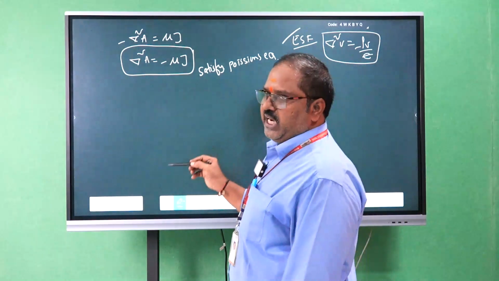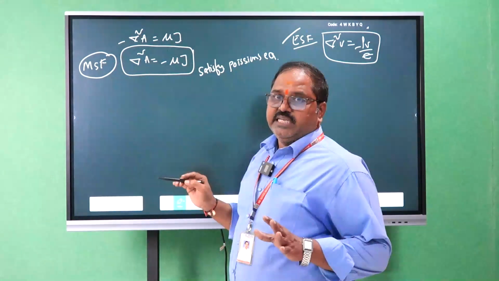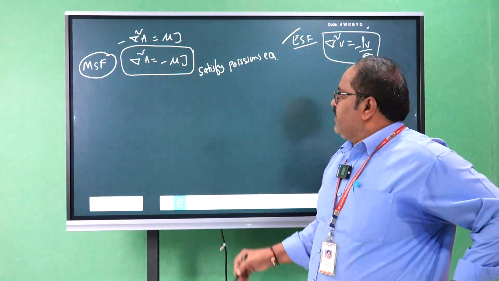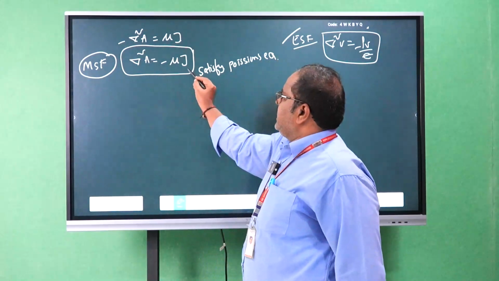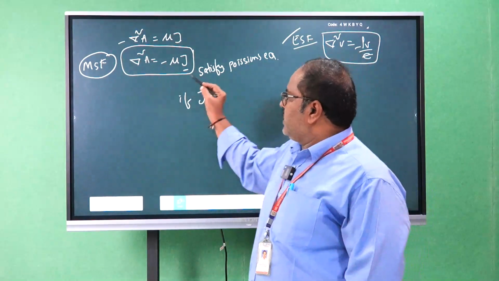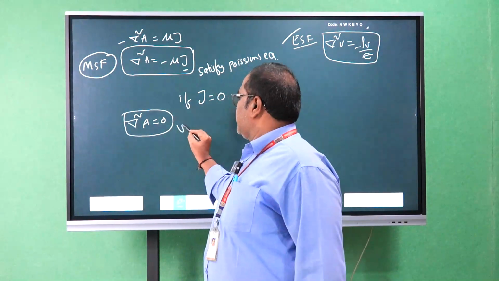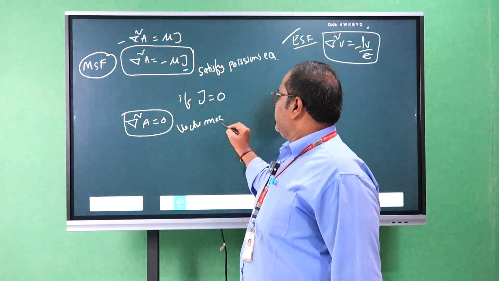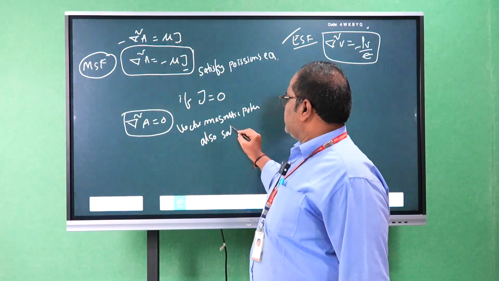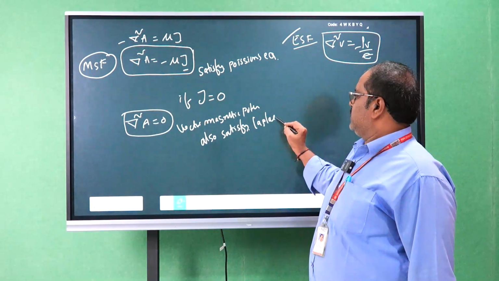But in the magnetostatic field, the vector magnetic potential satisfies Poisson's equation del square A equal to minus mu J. Here J is the current density. If J is equal to 0, the above equation becomes del square A equal to 0. Therefore, the vector magnetic potential also satisfies the Laplace equation.